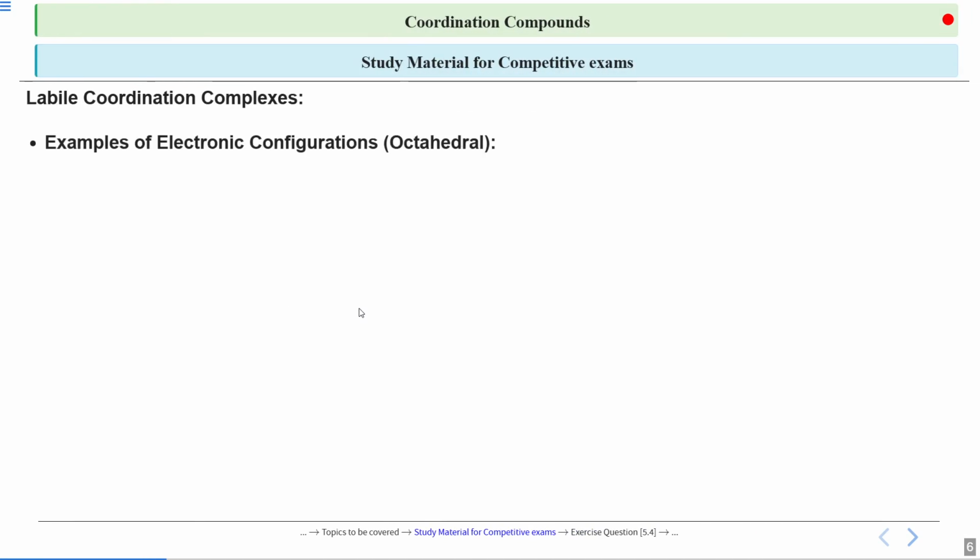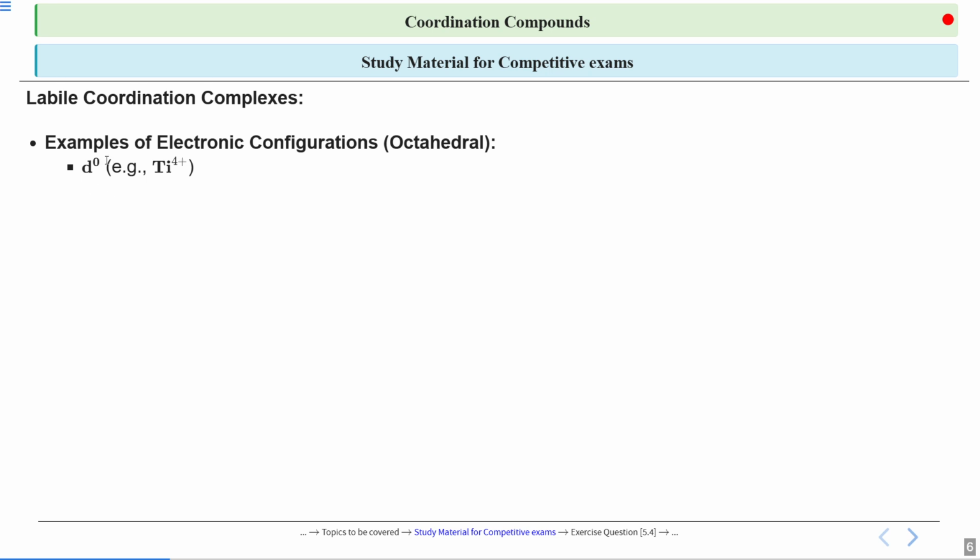Examples of the electronic configurations. If we talk about octahedral complexes, in the octahedral complexes the d0 configuration, for example, is present in Ti4+, titanium 4 positive.